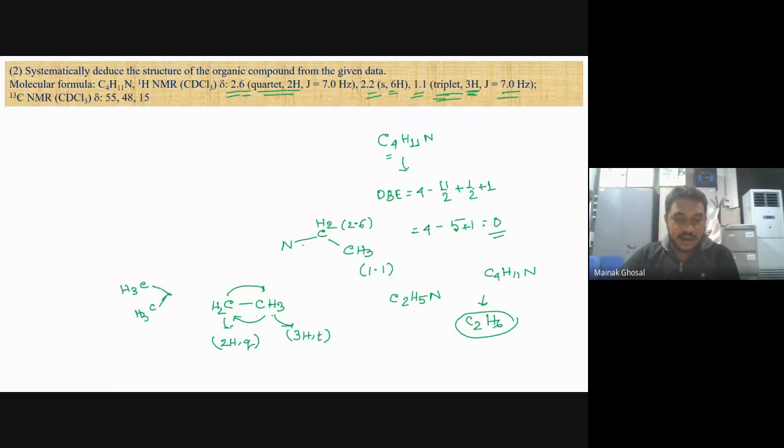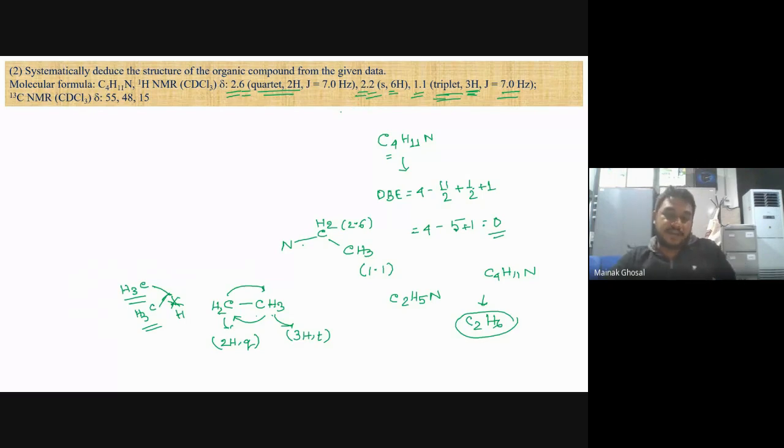And here it is attached to something where there is no hydrogen, right? If there were hydrogen, they would show a doublet or triplet. But they are showing 6 hydrogens. These 2 methyls are equivalent. This is a 6 hydrogen singlet, and you see the value is 2.2.